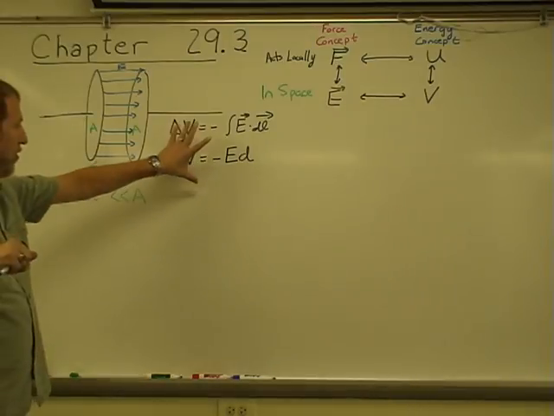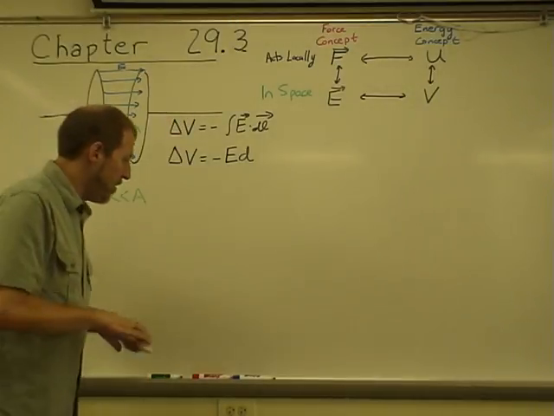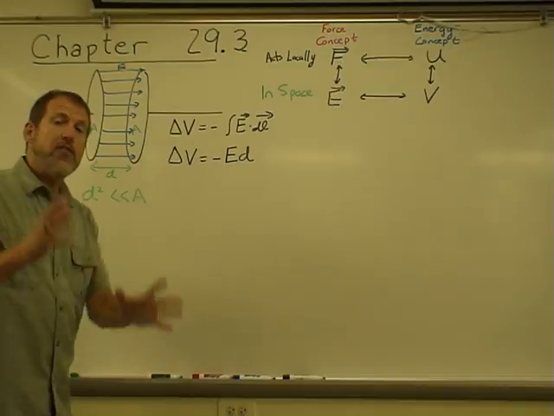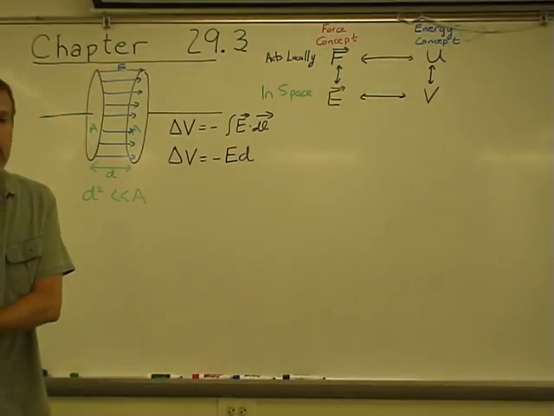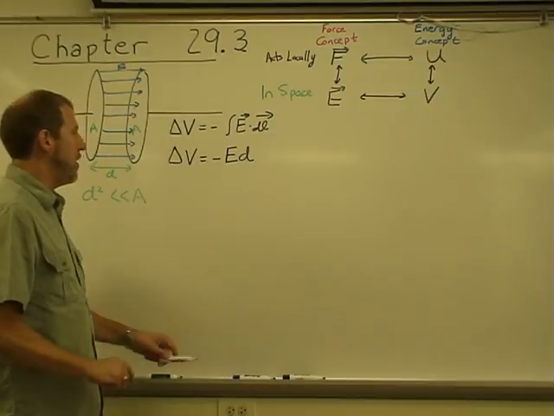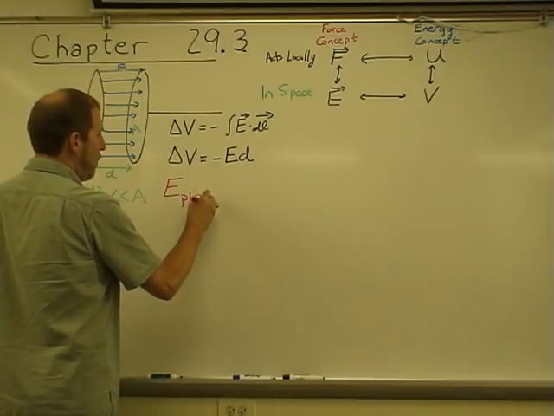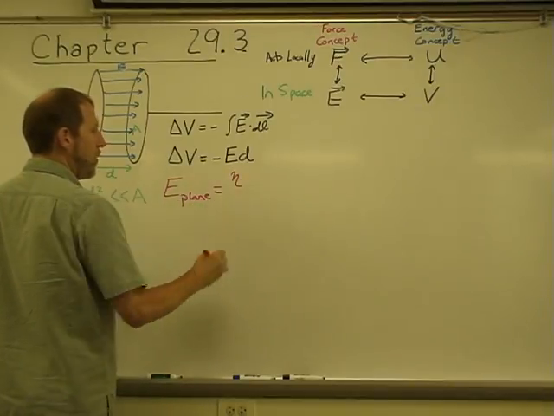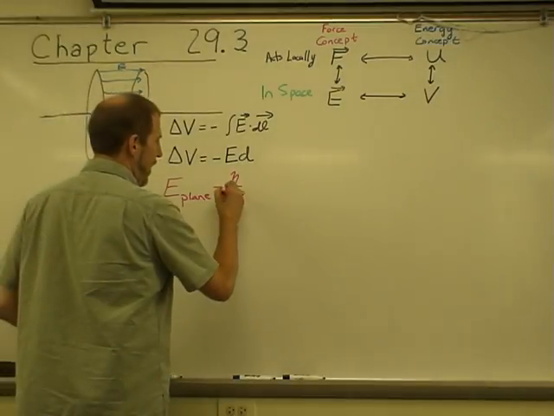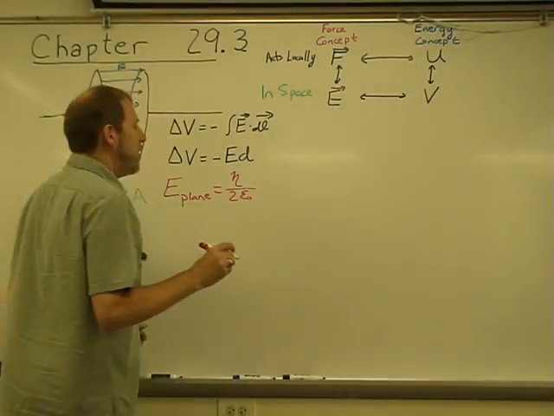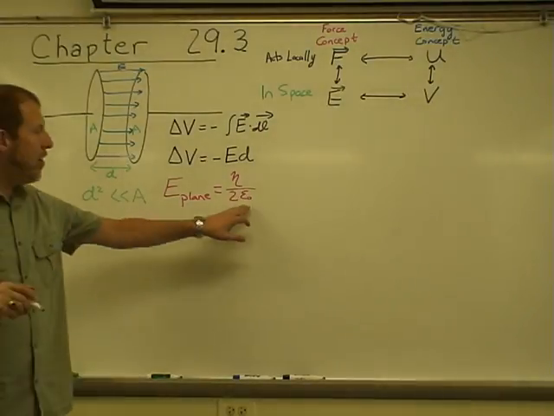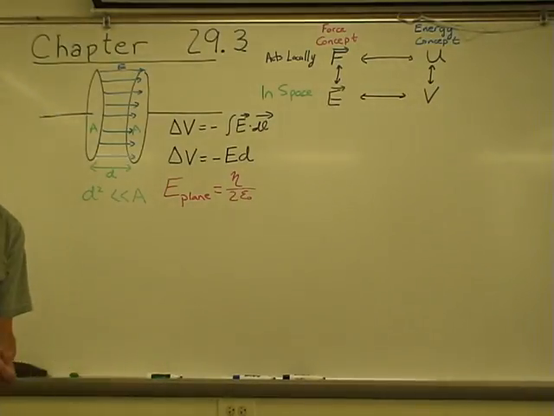We also know, and this is one of the reasons why I had to talk about chapter 27, even though you're not being tested on chapter 27, that the electric field of a plane is equal to the surface charge density of the plane divided by 2 epsilon naught, where epsilon naught is the characteristic, the permittivity of free space.